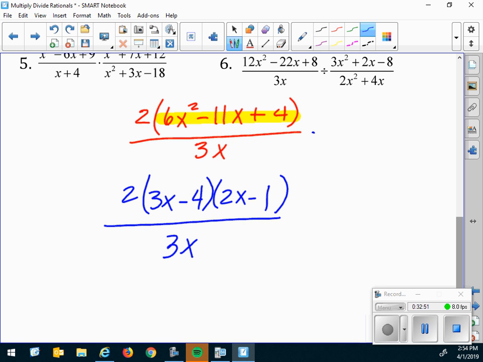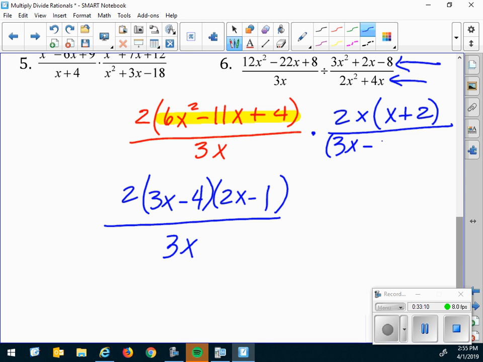Okay, so this is going to be on the top, correct? GCF of 2x, you say? Is that right? 3x squared, I'm foiling. 3x squared plus 6x minus 4x gives me plus 2x minus 8, correct?